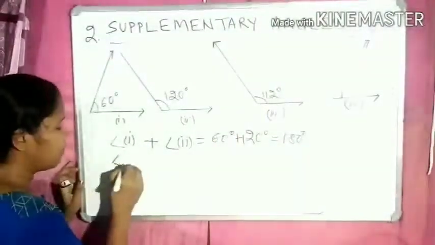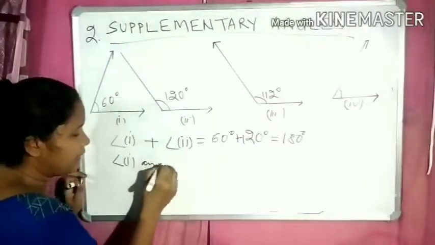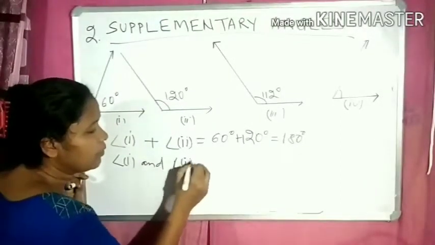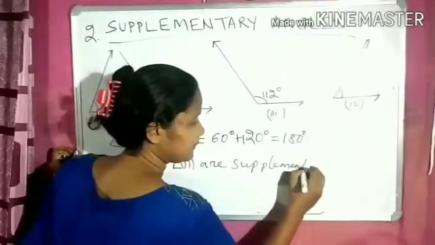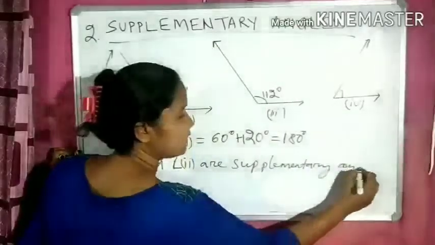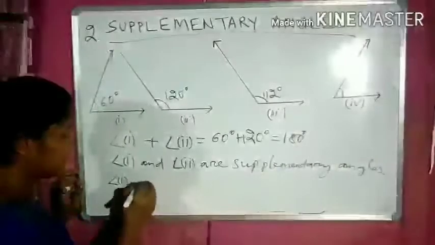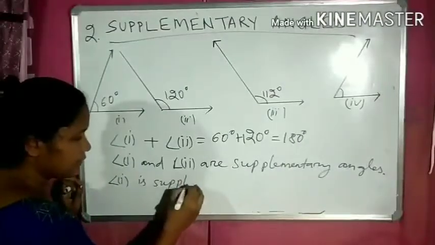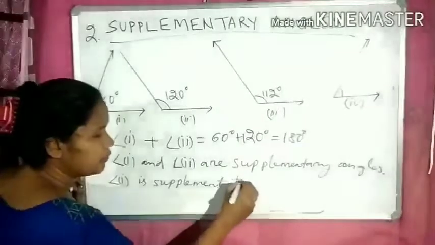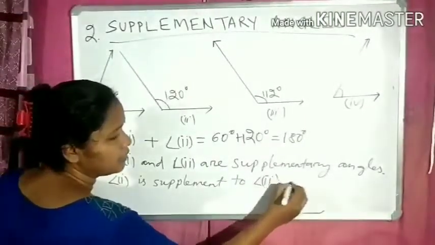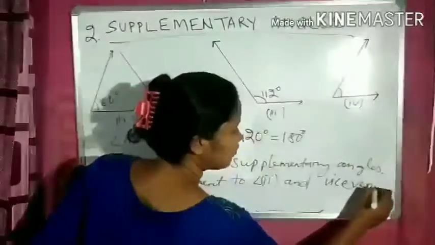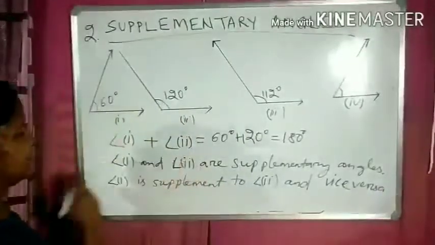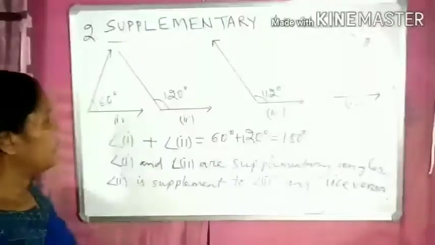So we can write angle 1 and angle 2 are supplementary angles, or we can write angle 1 is supplement to angle 2 and vice versa. Means angle 2 is supplement to angle 1.